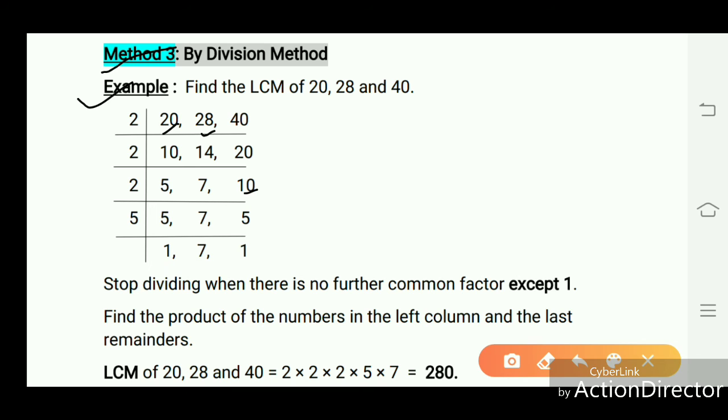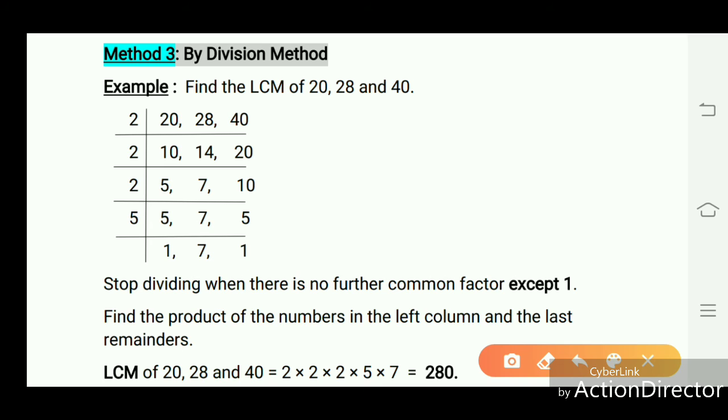We get 5, write 5 as it is here, 7 also as it is here, and 2 5s are 10. Now we divide these numbers by 5. 5 ones are 5, write 7 as it is here, and 5 ones are 5. And stop dividing when there is no further common factor except 1.